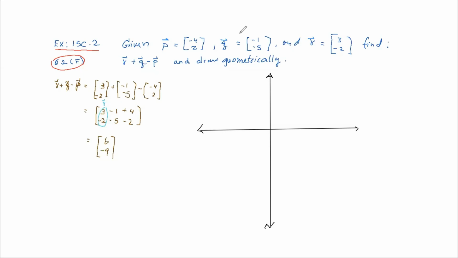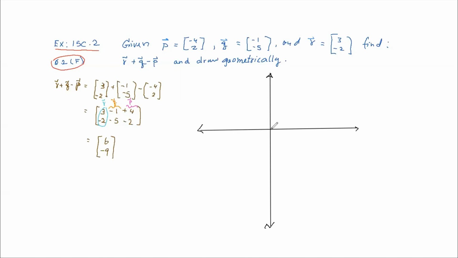And this one, you can draw this one, Q. Okay. And then this one, I use a pink one. This is going to be vector P. Okay, so now we start to plot the first one, vector R first.